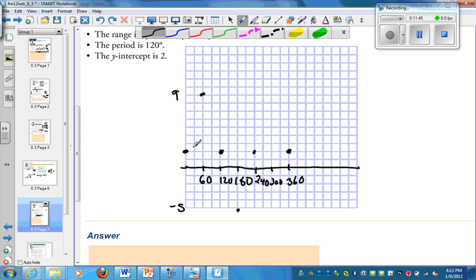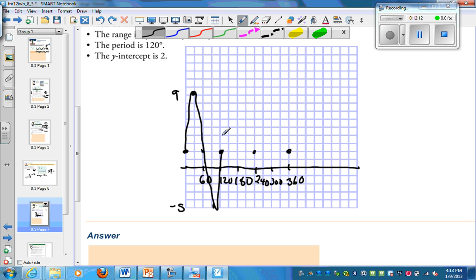Oh, I don't think I did that right, because it's not going to repeat. That's not quite a repetition. That's half a repetition. I think I need to go half as many times. Okay, let's take back those 2 points. I think I'm going to have to go up, middle, down, because now I've done one complete period in 120.